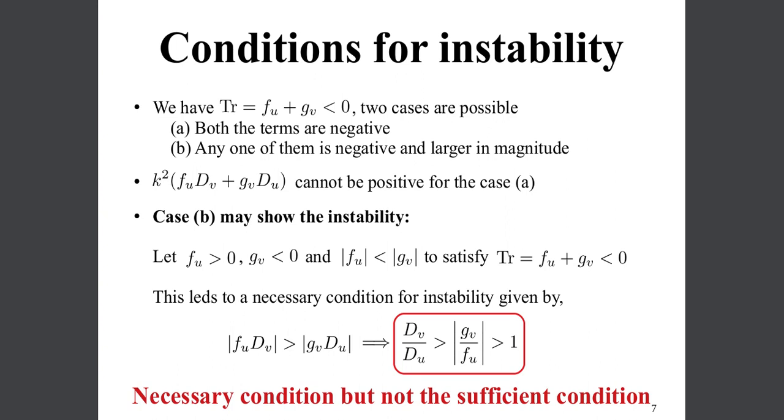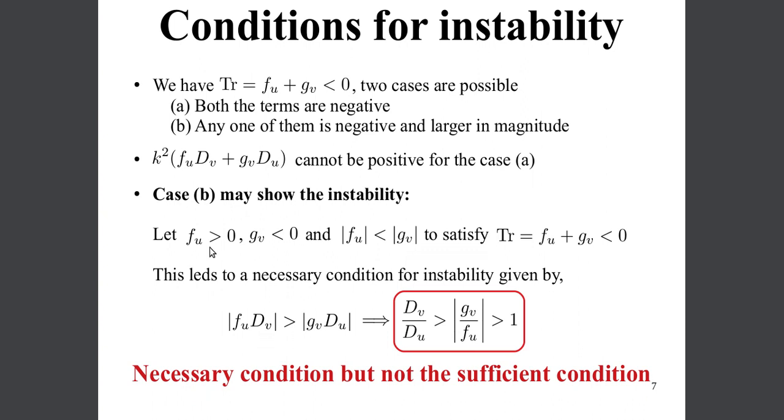So now let us just assume that fu is greater than 0 and gv is less than 0, and this is just a convention, you can take it the other way around, because we have not said which one is u and which one is v. Actually this has some physical meaning, I will come to this later, and you can relate why it is positive and why it is negative.